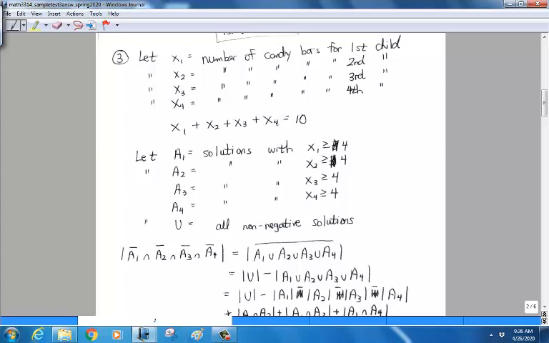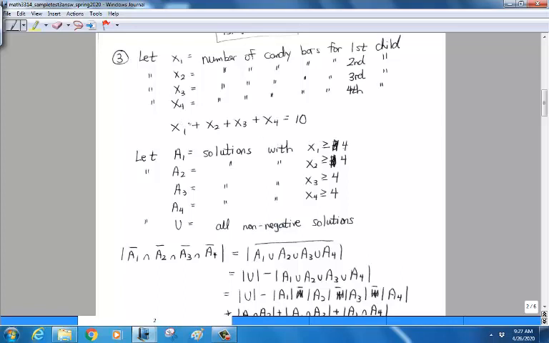We're going to solve this kind of backwards, by complements. We're going to look at all the non-negative solutions to this equation without any restrictions, but then also several subsets of solutions. Let A1 be the solutions where x1 is greater than or equal to 4.